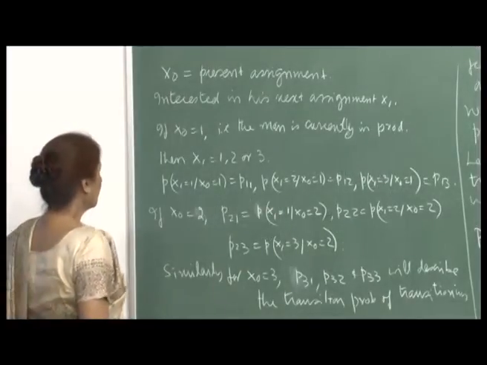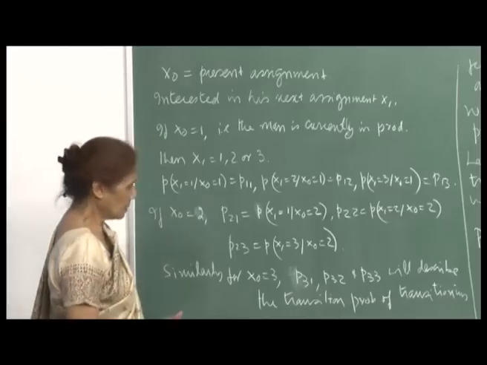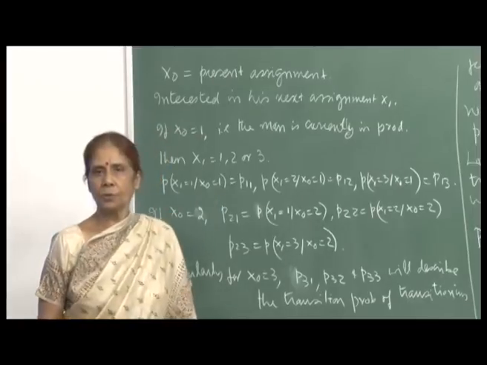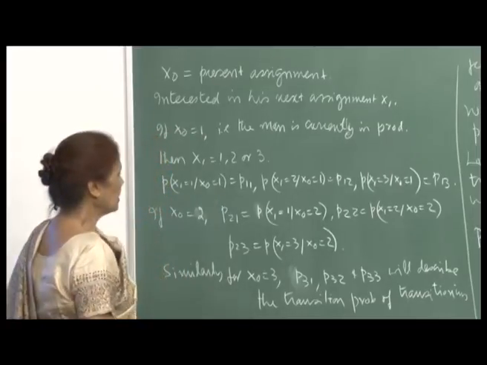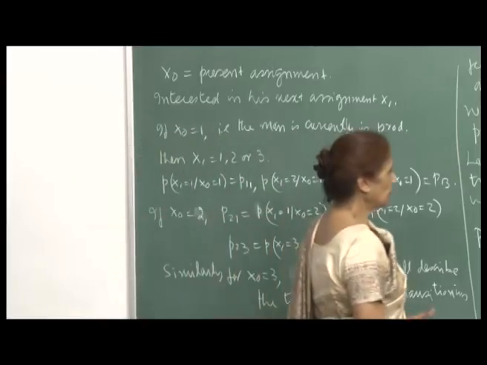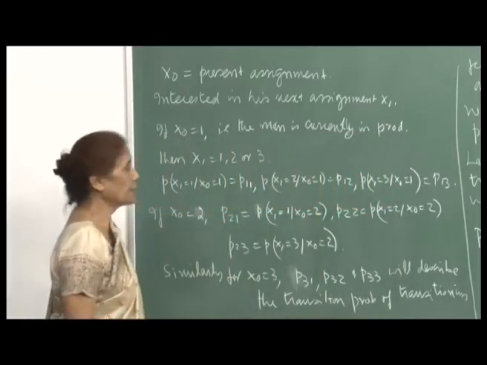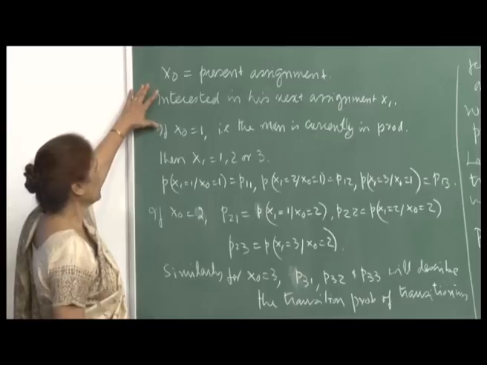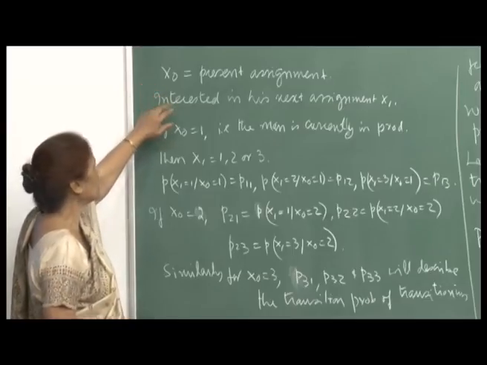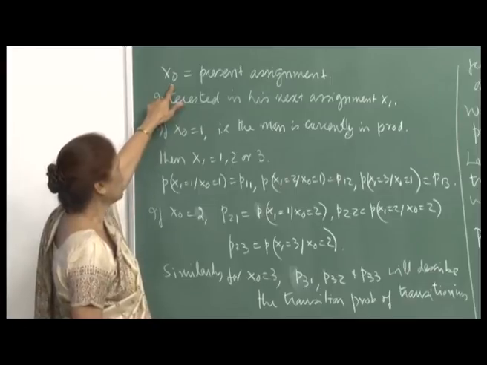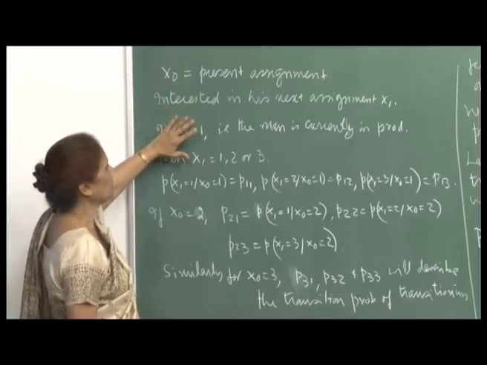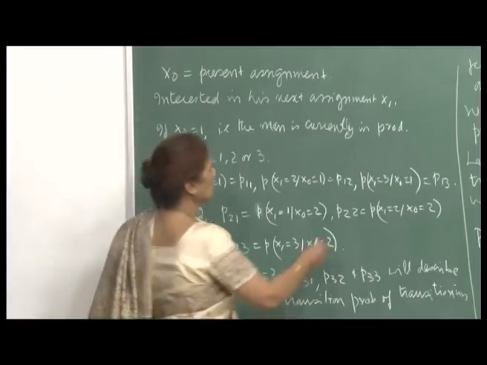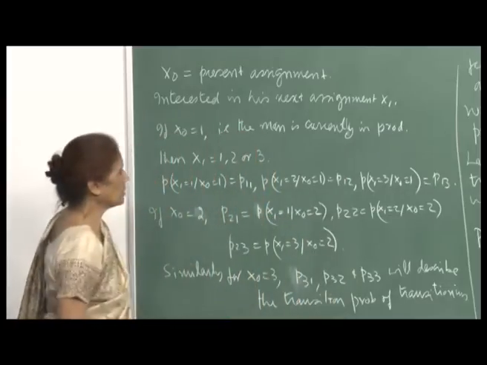Let us continue with the analysis of the process, and what we first need to describe it, and the quantities we will require before we can answer the questions related to the process. Let us say X naught is the present assignment by our notation, that is time 0. Whatever the value of X naught, that tells us the present assignment of the employee, and we are interested in his next assignment, that is the value of X1 in the next time period.